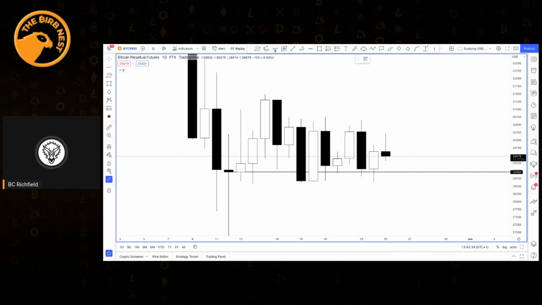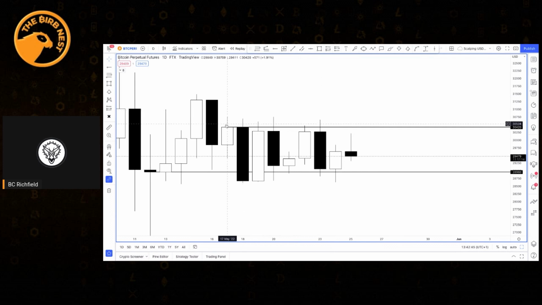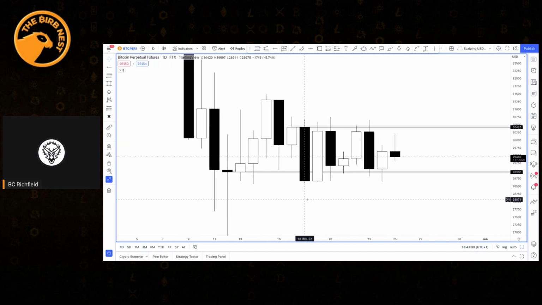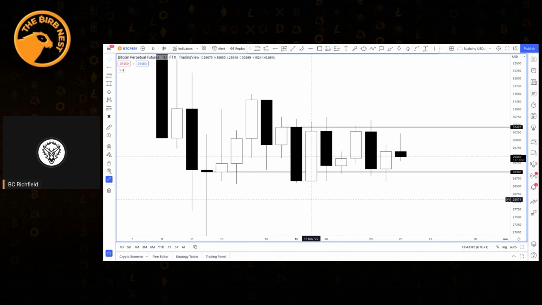So if we once again take our horizontal ray tool and put our magnet on, this is the level that I'm most interested in. We can see where it's capped the market here: resistance, resistance, resistance, resistance, once again and once more. Each time the price has risen up here, it's gone back below and then sold off down to the lows. So that's what it looks like on our daily time frame.